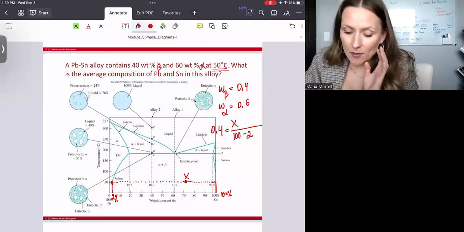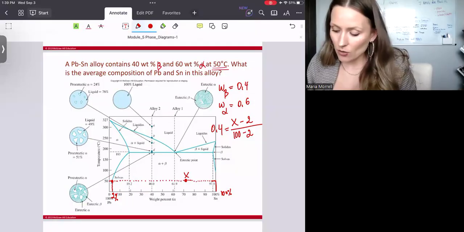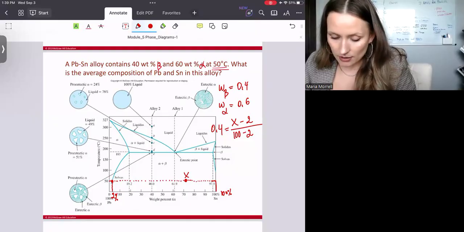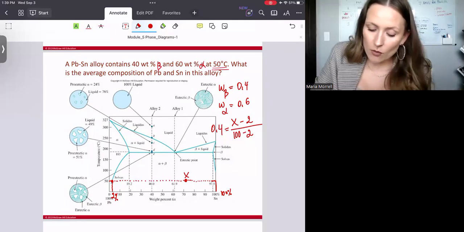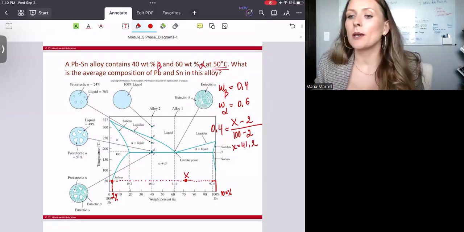It's going to be x minus 2. Now if I solve this equation, and let's do it together, it's going to be 98 times 0.4 plus 2, and that would give me 41. So x should be at 41.2.